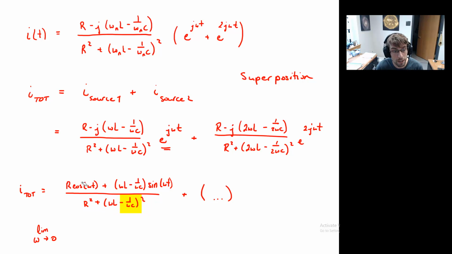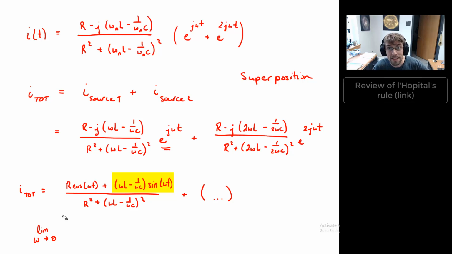How about the numerator? Well, this first piece on the numerator goes to 1, right? Cosine of 0 is 1. So this first piece goes to some constant value, r. How about the second piece? What happens to the second piece?